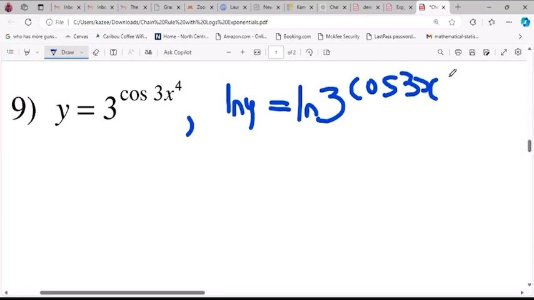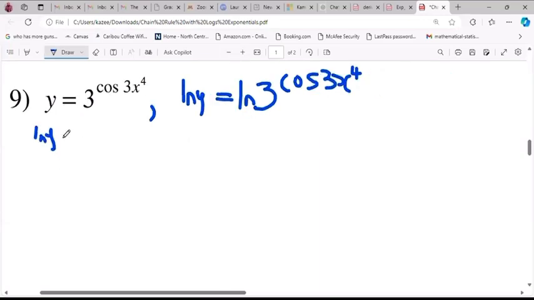Now, after introducing ln to both sides, this is what I got. The whole of this guy is going to come down, so I'm actually going to have ln of y equal, now what I brought down, cos 3x raised to the power 4.